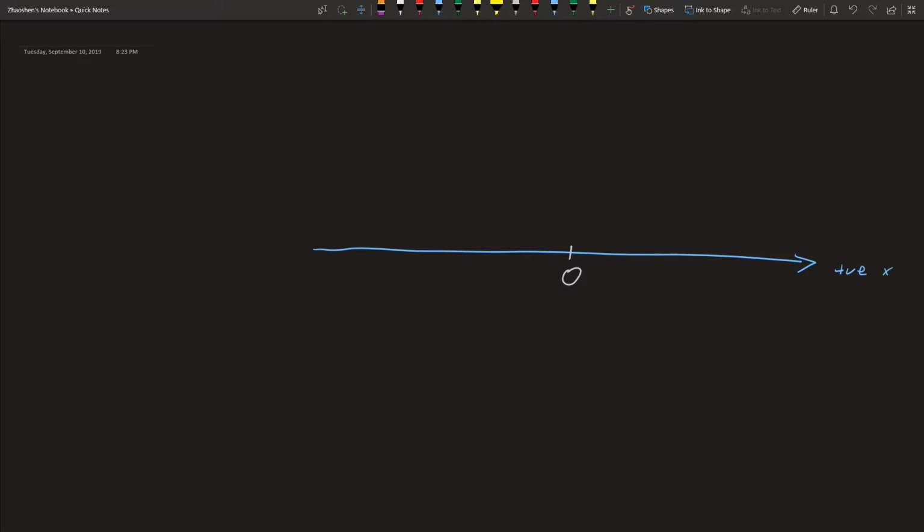Anyways, if I move to this point over here, which I'll say is, for example, 5 meters, this is 5 meters from the origin. The distance you moved is 5 meters, right? You also displaced 5 meters.